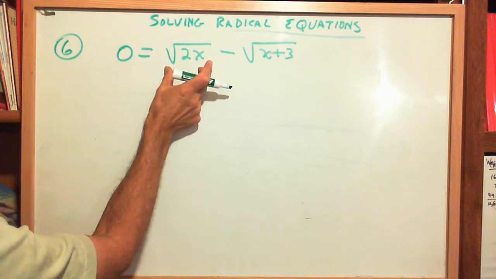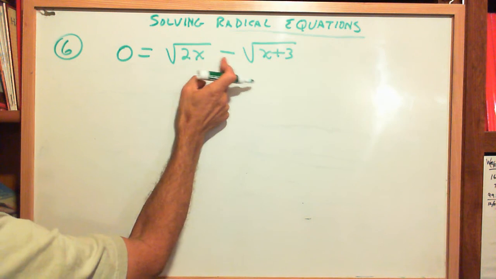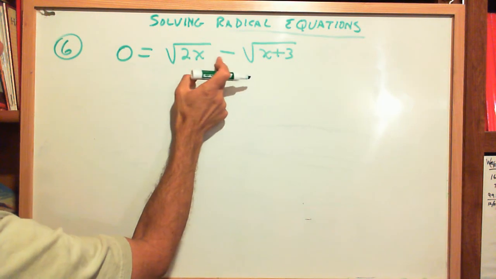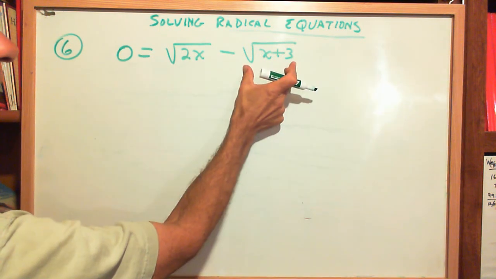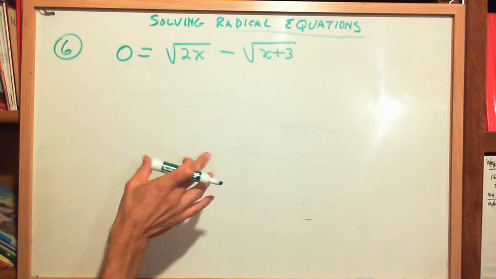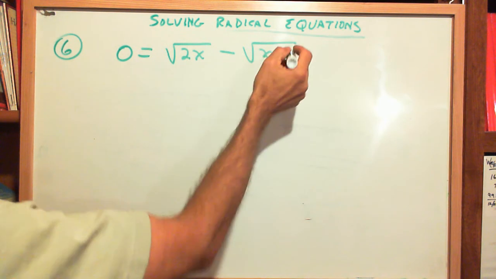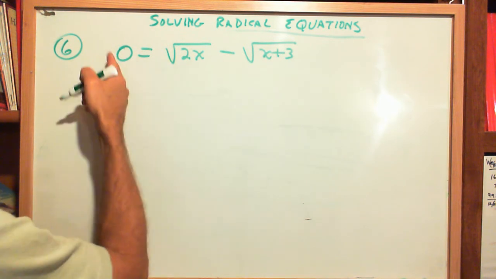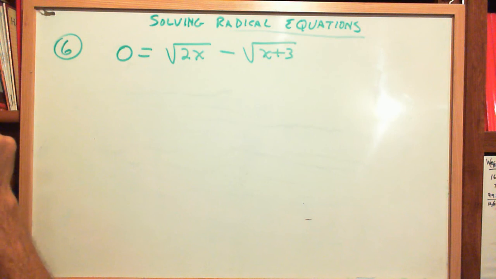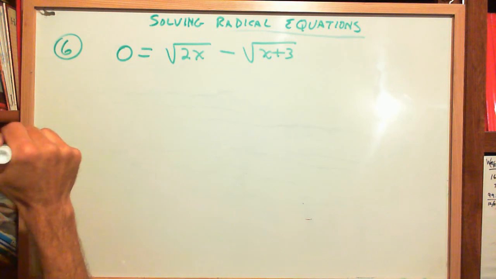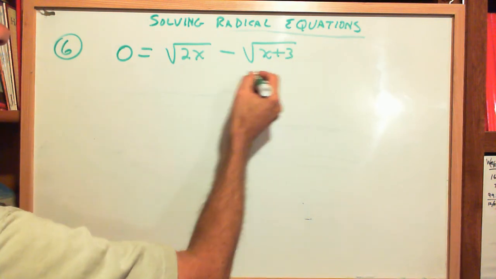Here I have a radical sign, but it's not isolated because there is something after this radical sign. There's a minus sign and a whole other radical. If I FOILed this, if I squared this side and squared this side, it would be awful. It would be a nightmare.